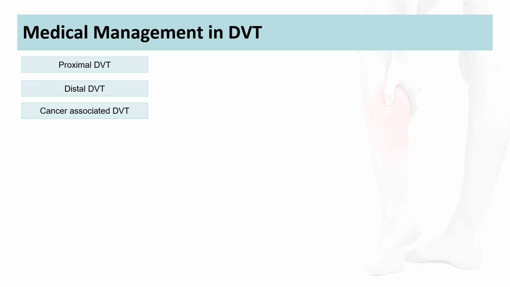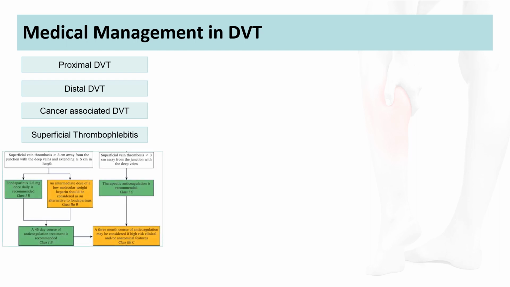Cancer-associated DVT requires the use of low molecular weight heparin, and superficial thrombophlebitis also needs to be treated along the same lines as DVT if the thrombosed superficial vein is within 3 centimeters of its junction with the deep veins. If the vein is more than 3 centimeters away but the thrombus length is more than 5 centimeters, you need to give at least an intermediate or a prophylactic dose of anticoagulant as per the recent recommendations.